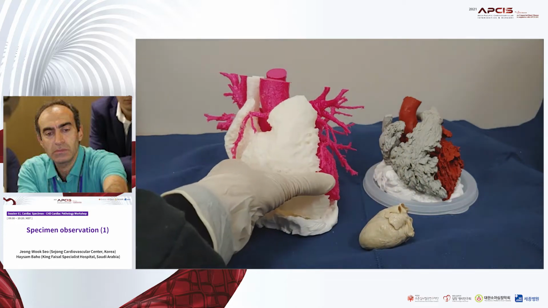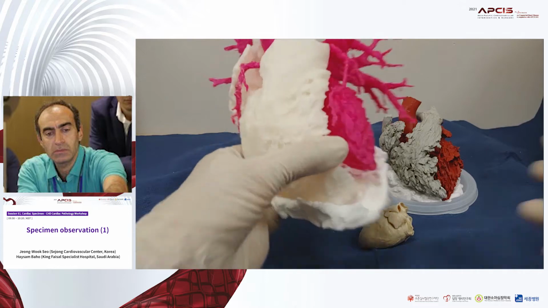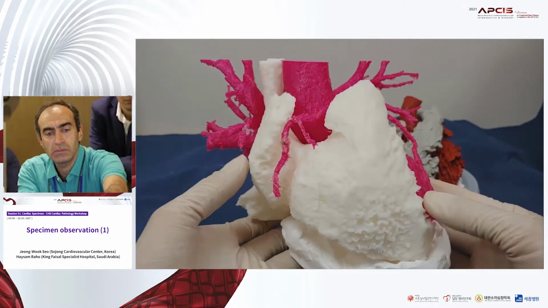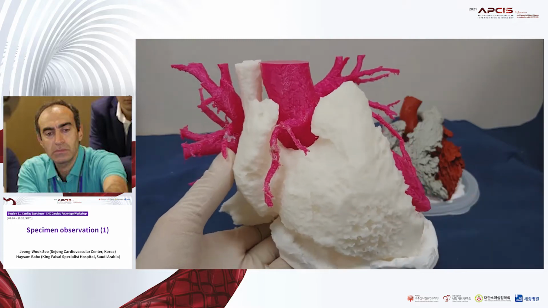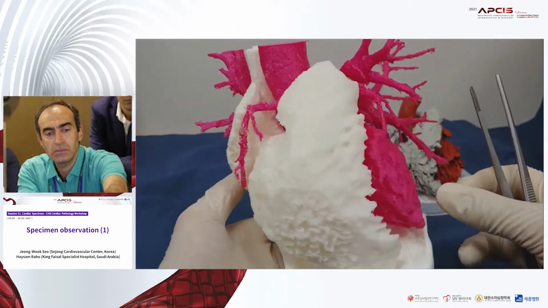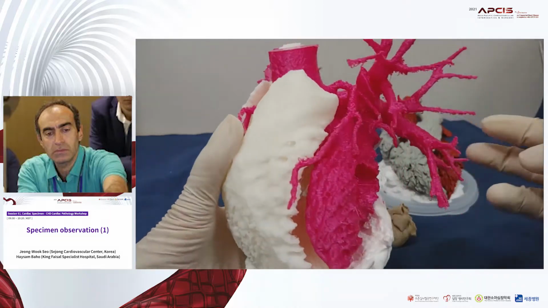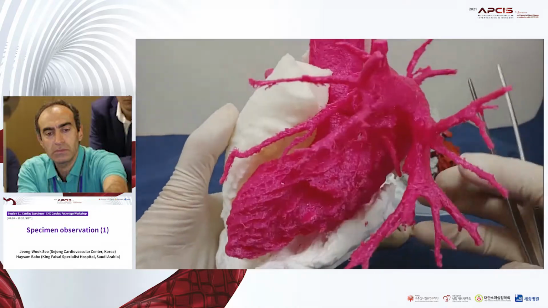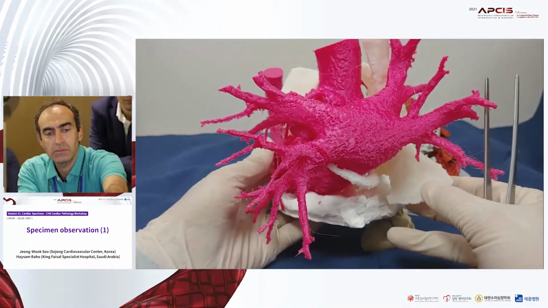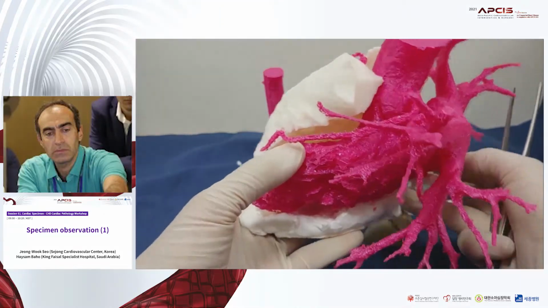This is a 3D printing of the internal cavities of the heart and the veins and arteries. If we look here, we can see the right ventricle and the right atrium. This is the left ventricle in red, and the pulmonary venous return to the left atrium, which shows very clearly the relationship of these veins.